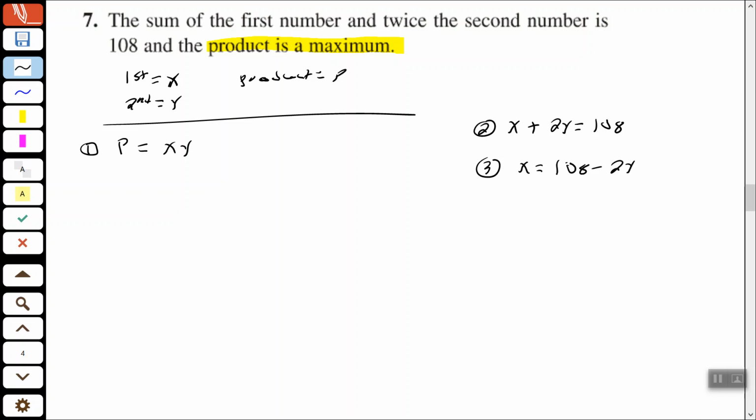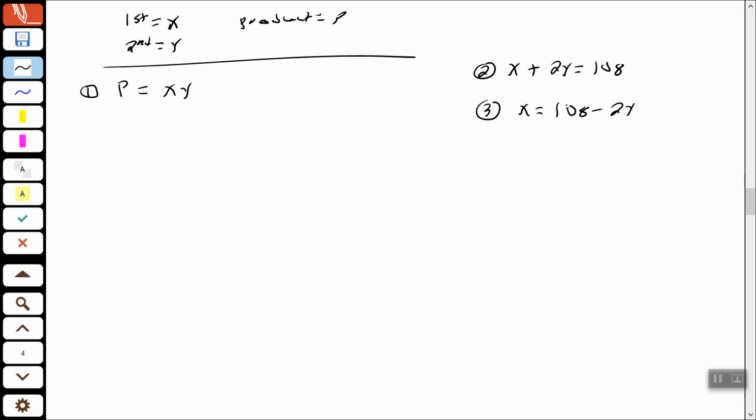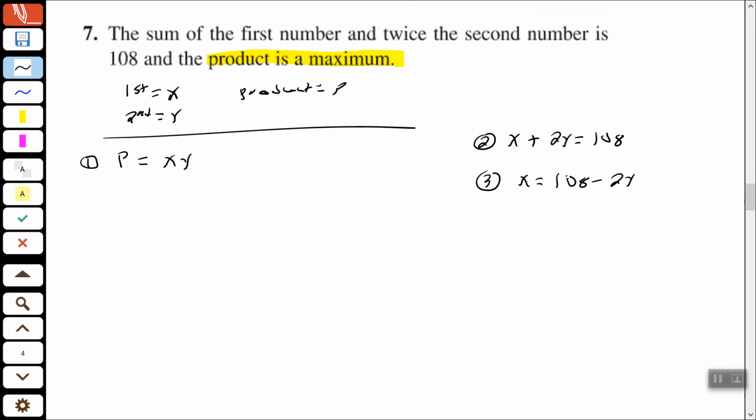And then I'm going to use substitution back into the optimized equation. So I'm going to replace x.